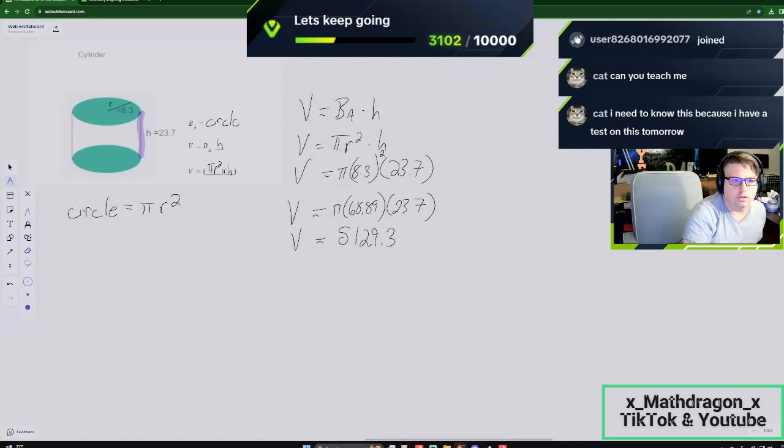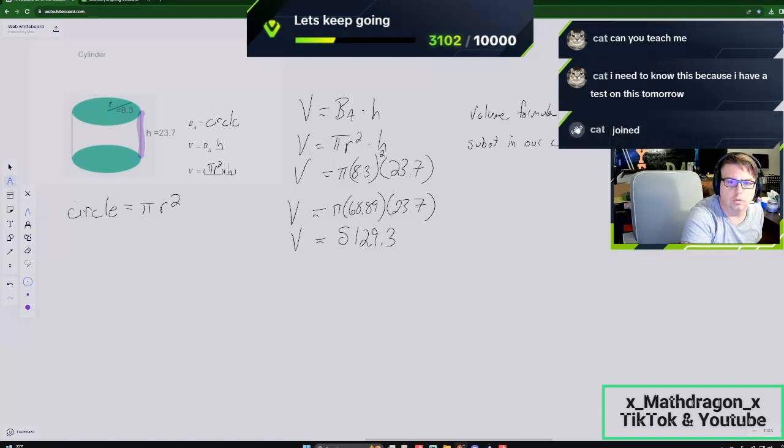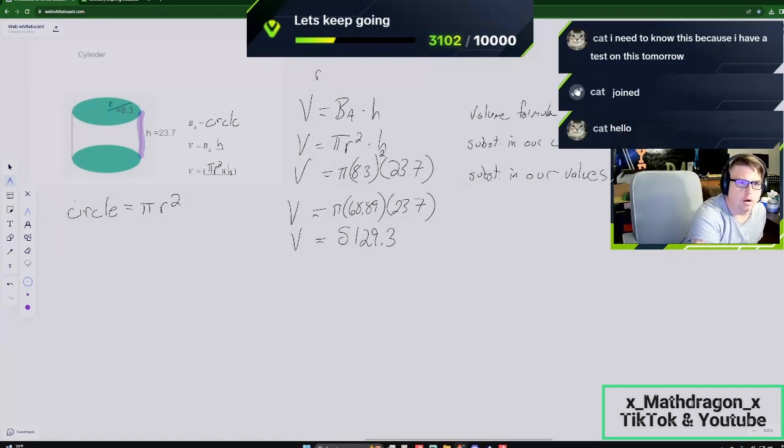So we want to add a little justification. This is the volume formula for any prism. Then we substitute in our circle, and we substitute in our values, and our values being R equals 8.3, H equals 23.7.